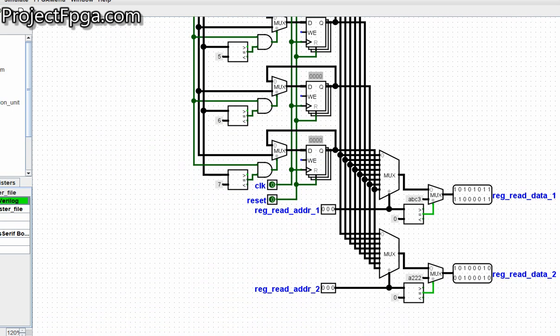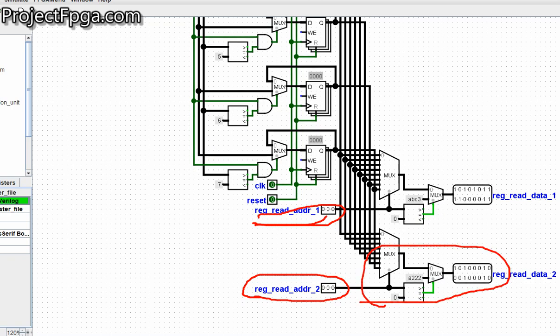Another input comes again. Remember I told you this is coming from the instruction decode stage. I told you about these two inputs here. From the instruction decode stage decoder, the register select addresses, see them here, the two of them. It's going to select two outputs, two registers. They are all identical. This operation here and this operation here are identical.